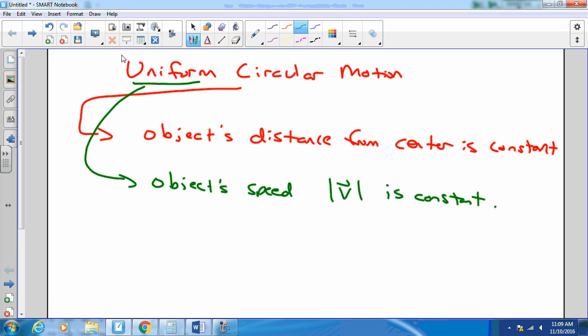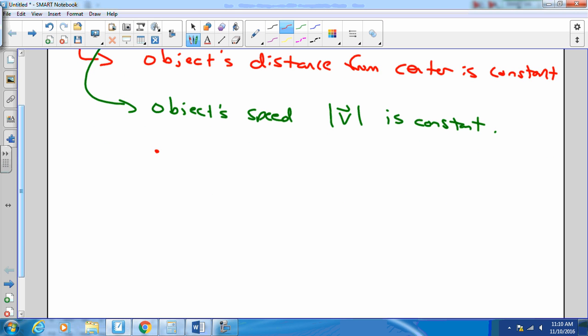All right. And so what we discovered yesterday when we did the exploration is that these two facts force several things to be true. First of all, what is generally true, whether circular or not, whether uniform or not, is that the velocity vector is always tangent to the path.